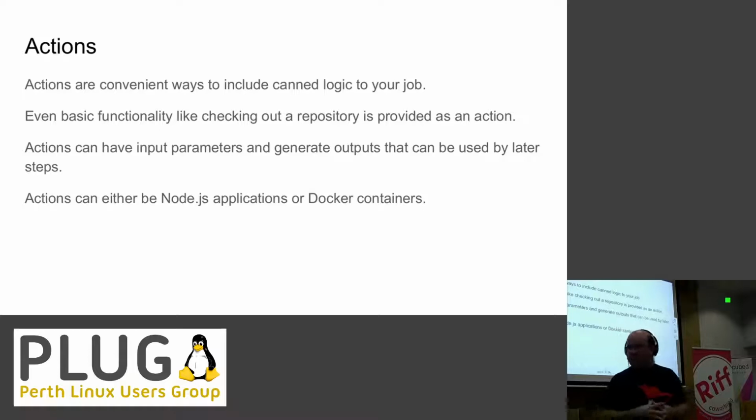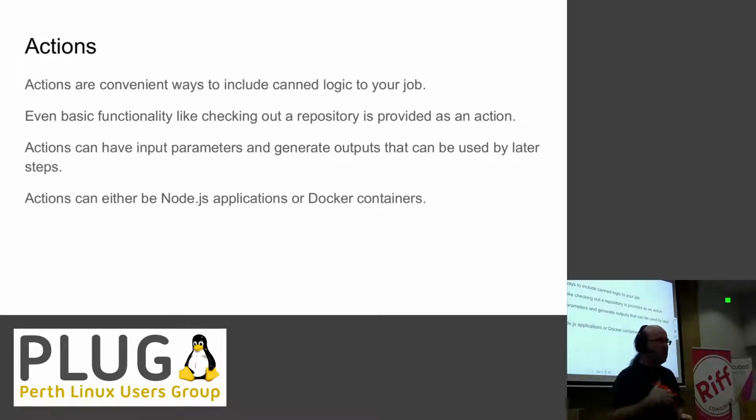So I already started saying a bit of that. One of the interesting things with the GitHub Actions is that pretty much all of the functionality is provided by Actions. There is very little built-in functionality in the GitHub Actions system.